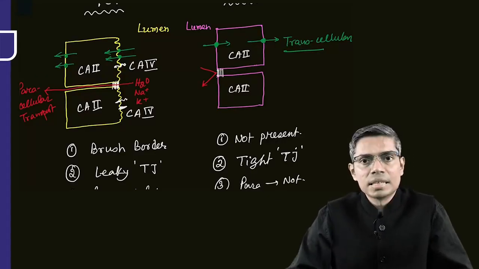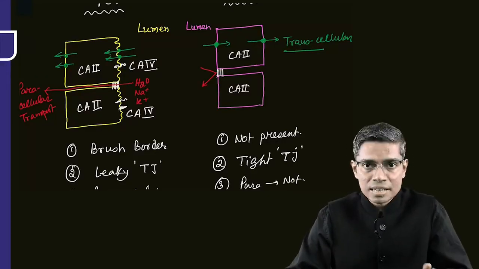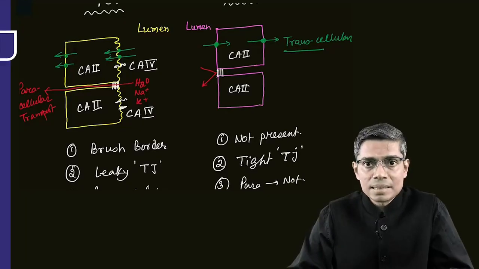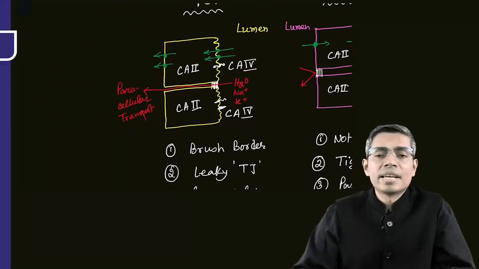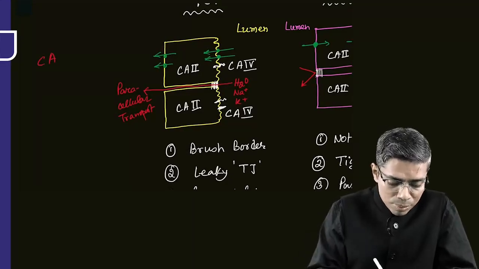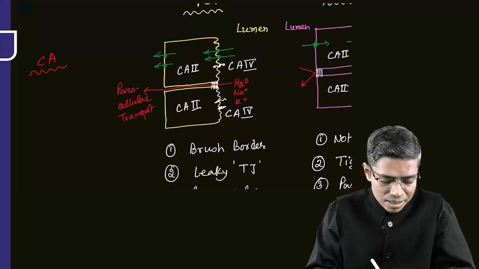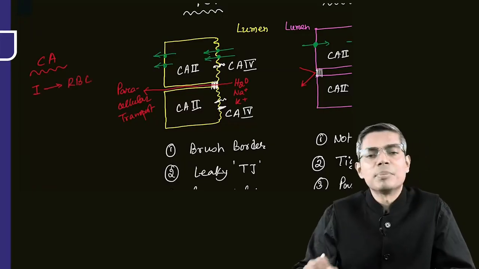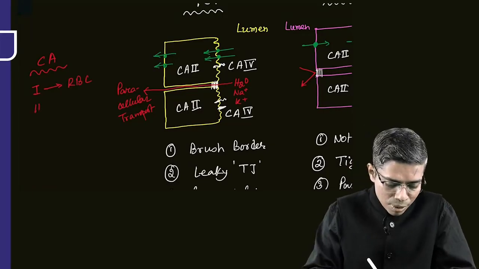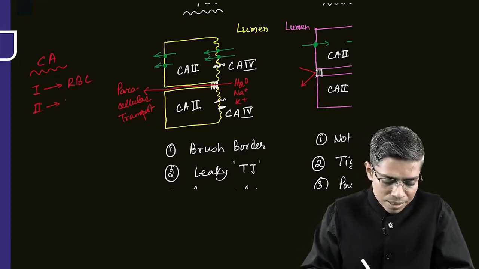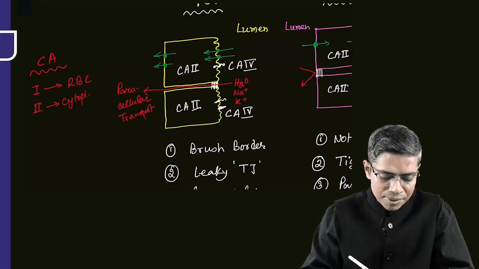You may be wondering, we talked about carbonic anhydrase type 4 and type 2, what about type 1 and type 3? There are multiple subvarieties of carbonic anhydrase, but for MCQ purposes, remember that subtype 1 is present on the RBC membrane. Type 2 is present in almost every cell, in the cytoplasm.